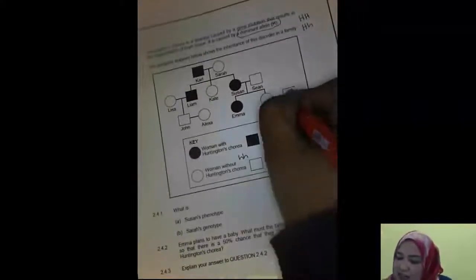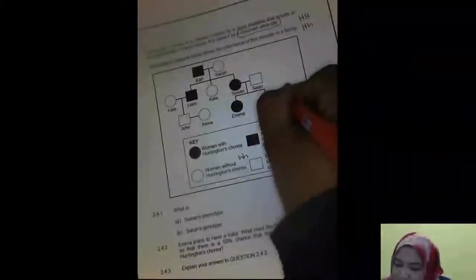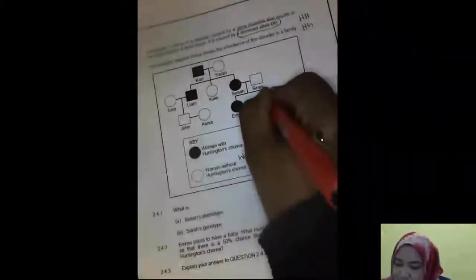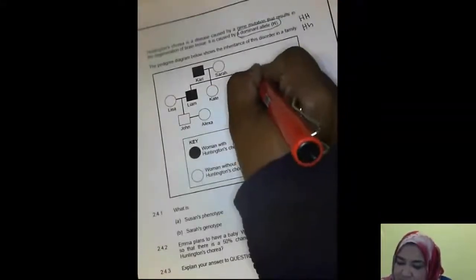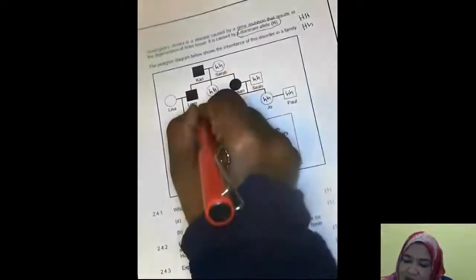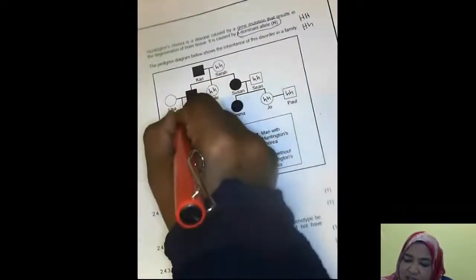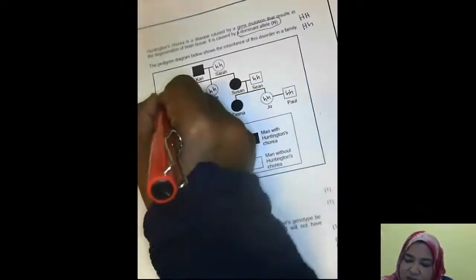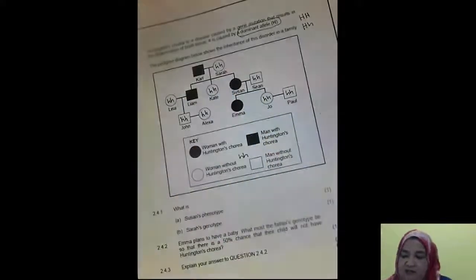And if I fill in, I definitely know that all these individuals can only have this combination because they are not sufferers. Okay?